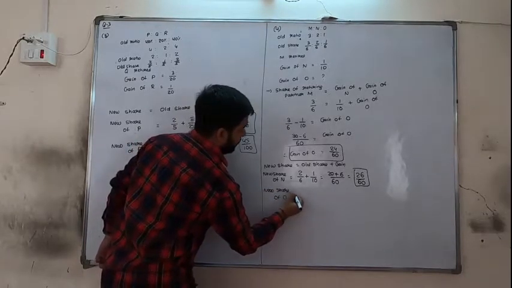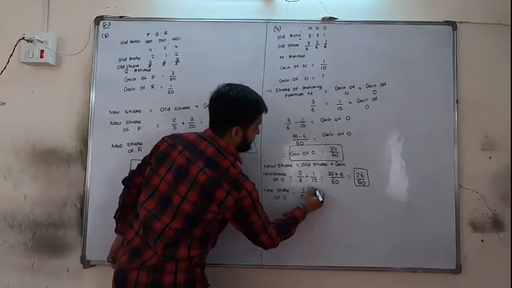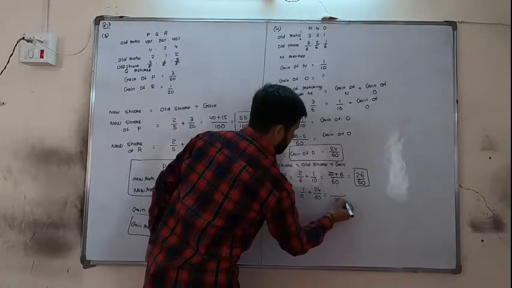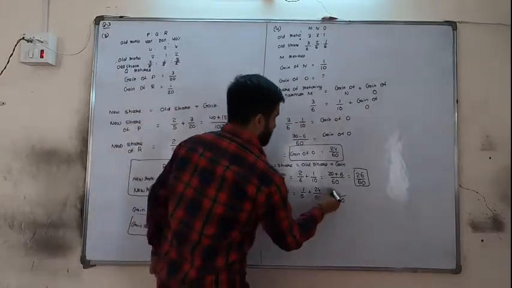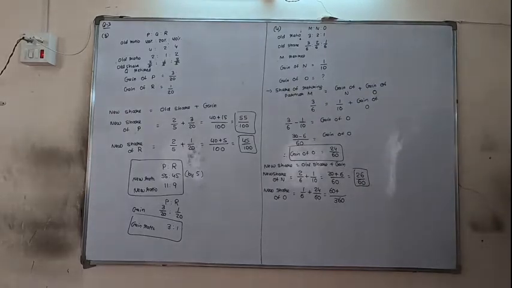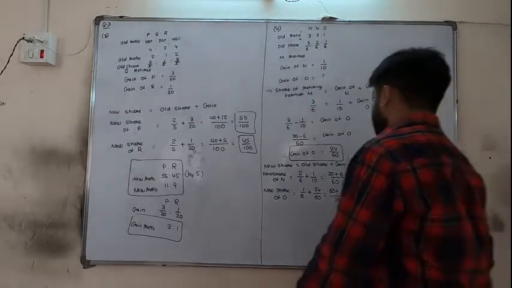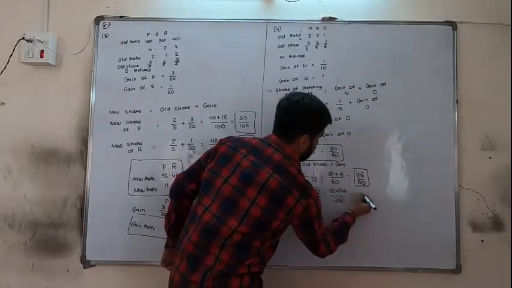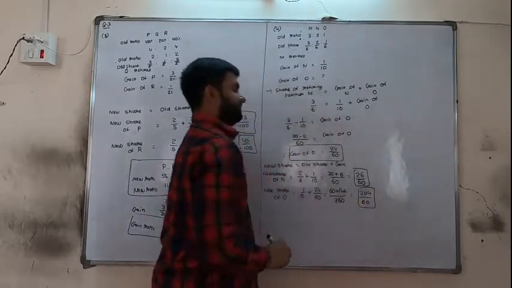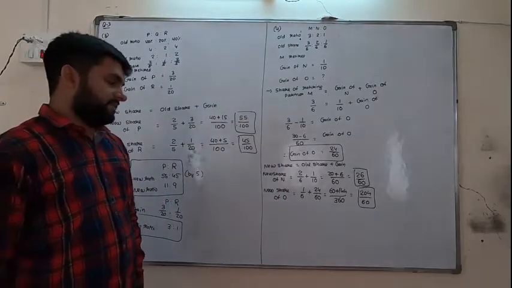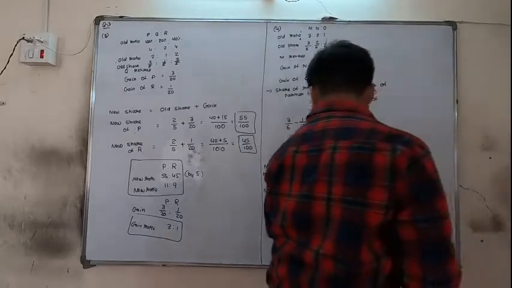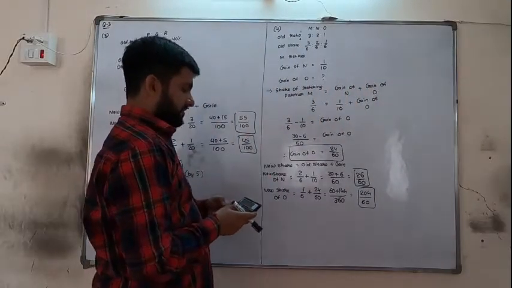New share of O, 1 by 6 plus 24 by 60. 60 into 6 is 360. 60 ones are 60 and 24 into 6. 24 into 6 is 144. So it will be 204 by 360.